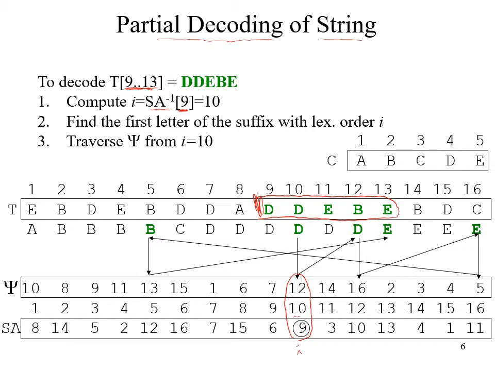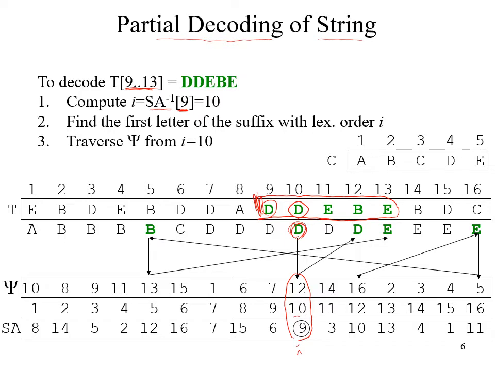Then the first character, this one, is computed by just dividing psi prime I by n plus 1. Then we obtain this character. To obtain the second character, we compute the psi.